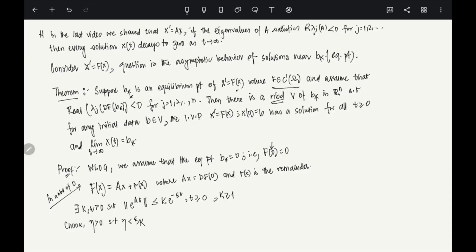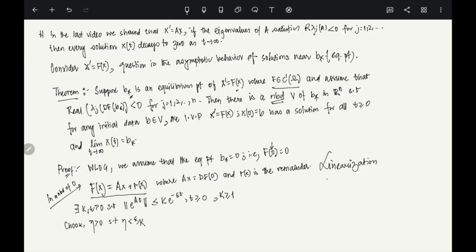Since f is C1 in a neighborhood of the equilibrium point, I can think of the nonlinear system as a linear system. I can approximate it, and I expect the behavior of the linear system to also hold for the nonlinear system. This is called linearization.